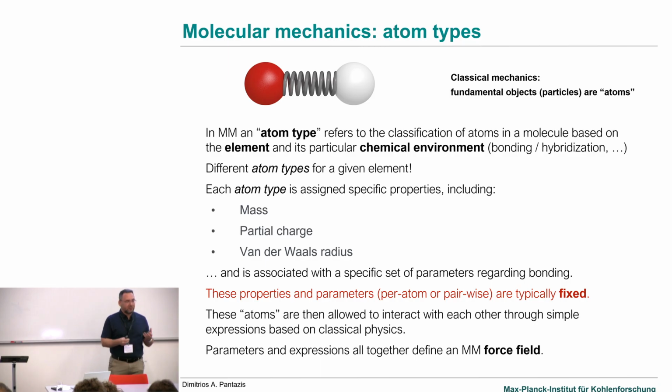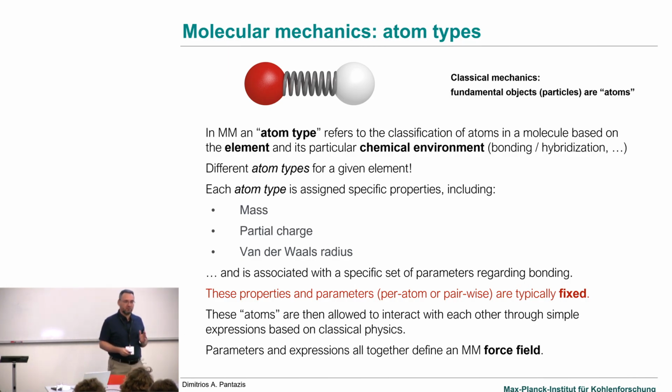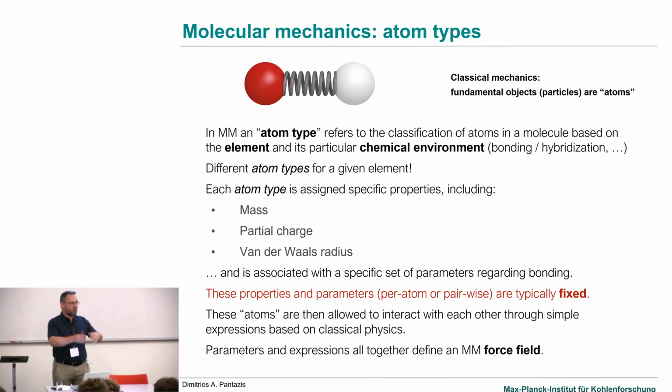So in molecular mechanics, we have atom types. We have several different atom types for each element. We can have an sp2 carbon, an sp3 carbon, an sp carbon. We can have a carbon type that is part of an aromatic ring. We can have a carbon atom type where it's doubly bonded to an oxygen. So we have these atom types, and these atom types have some features, like mass, partial charge, van der Waals radius.